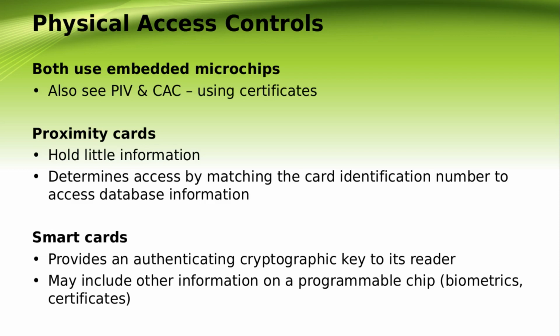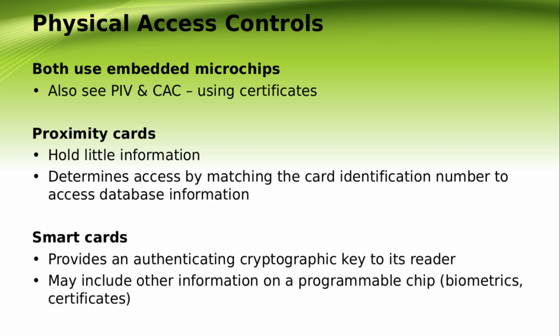The smart card is a form of something you have authentication that uses a standard wallet card with an embedded chip that can automatically provide an authenticating cryptographic key to its reader. Smart cards might also contain useful data for other forms of authentication, such as biometric measures that are too large for high volume remote authentication solutions.